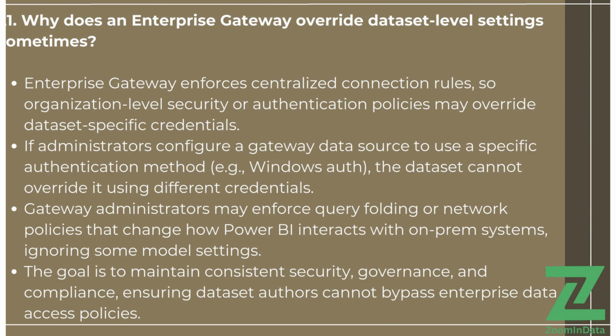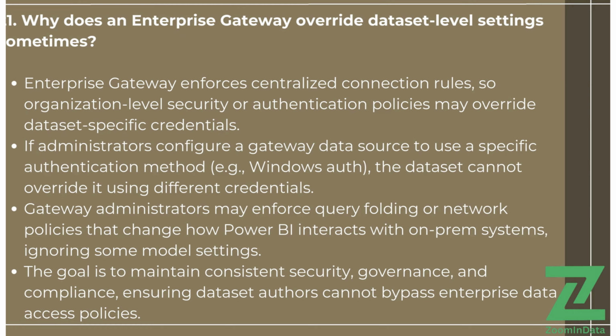21st question. Why does an enterprise gateway override dataset level settings sometimes? Enterprise gateway enforces centralized connection rules, so organization-level security or authentication policies may override dataset-specific credentials. If administrators configure a gateway data source to use a specific authentication method, e.g., Windows Auth, the dataset cannot override it using different credentials.